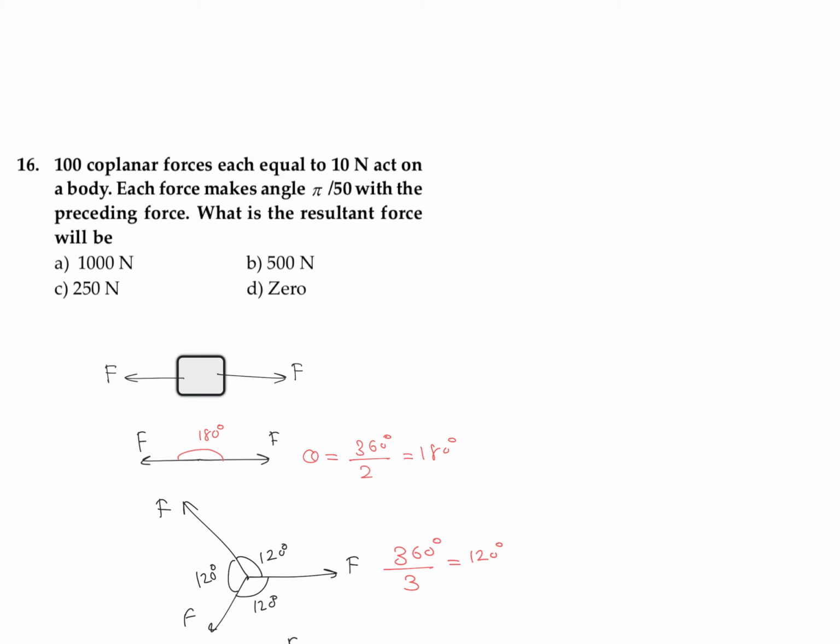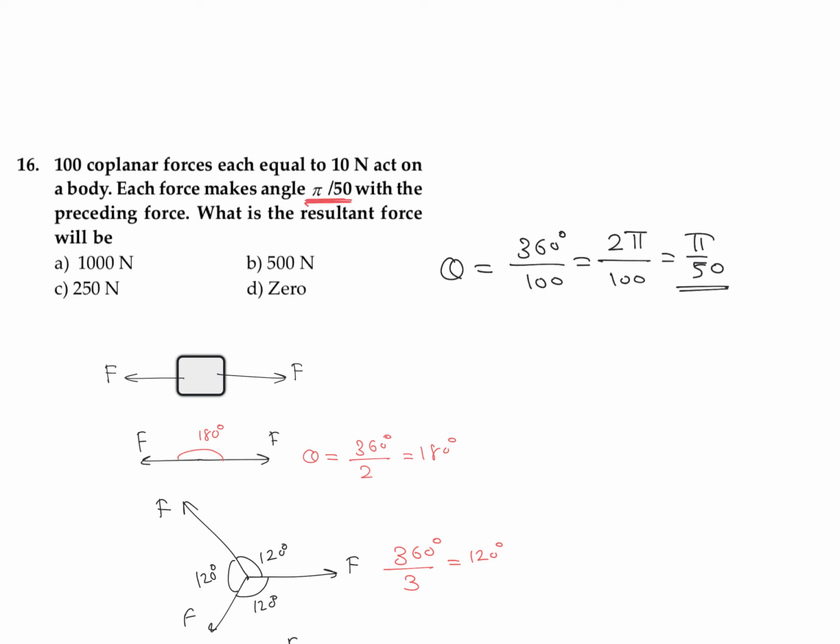So we can say that the angle between them, theta, should be equal to 360 degree divided by 100, the number of forces. In terms of radians, 360 degree is 2 pi radians, so 2 pi divided by 100 is pi divided by 50 radian. In the question that value is given.